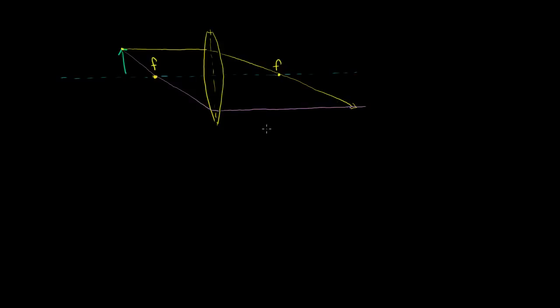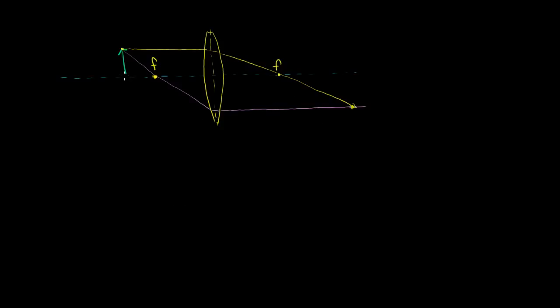And hopefully this makes sense to you, because it's a symmetric deal that we're dealing with over here. If something coming in parallel on the right side will go through the focal point, then something going through the focal point will come out on the other side parallel. So whatever light is coming radially outward onto this side and going through the lens will converge at this point right over here on the other side of the lens.